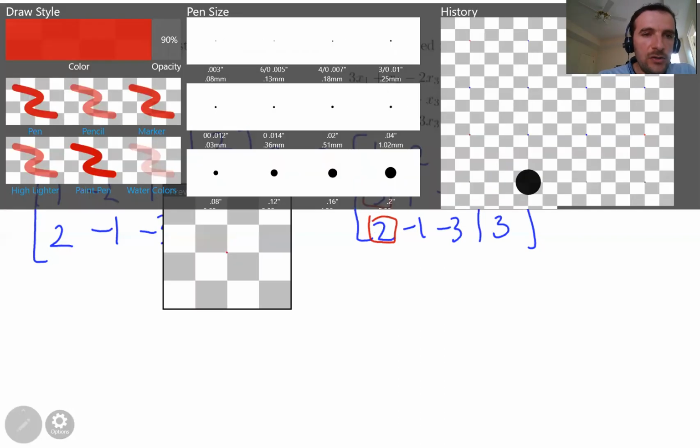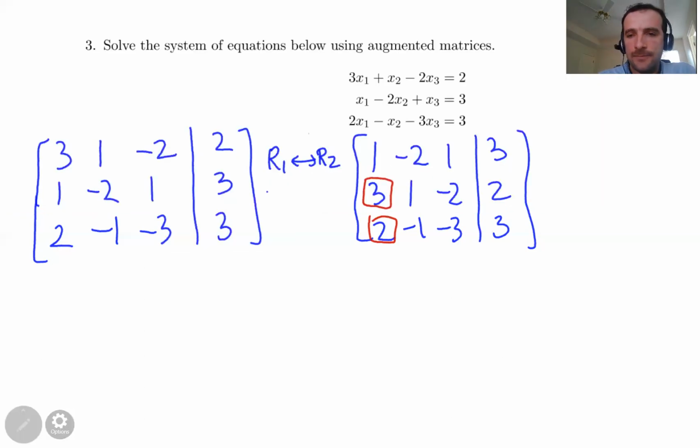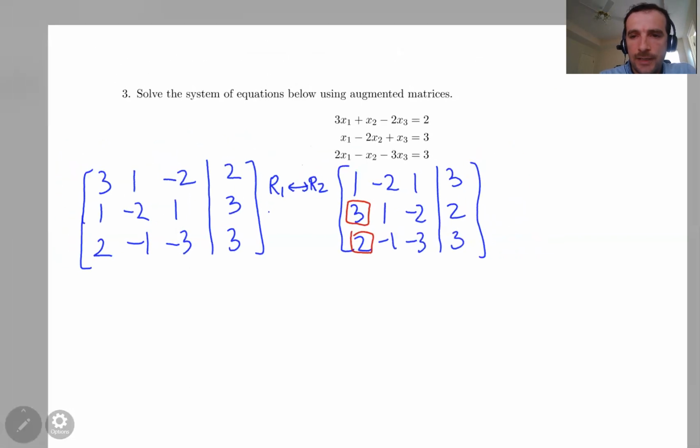So let me go to blue color again. Okay. Let me write what I am saying here. So row 2 will be -3 row 1 plus row 2, right?